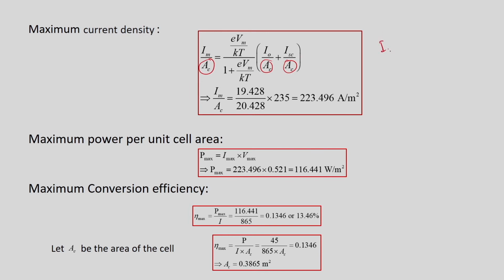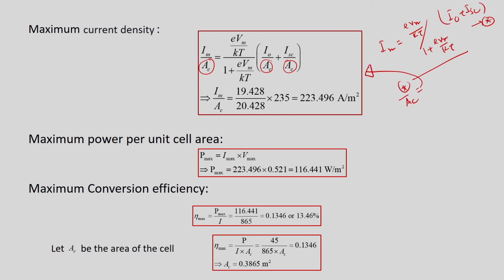That expression was IM is equal to EVM by kT over 1 plus EVM by kT, times I naught plus ISC. If we divide this starred expression by AC, the expression is something like this.